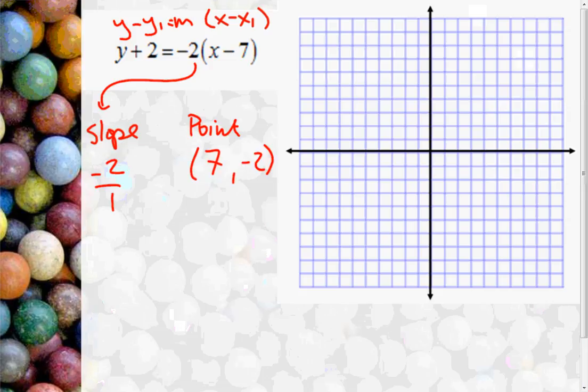So again, there's 5, x, y, (7, negative 2). Your slope's going to go down 2 to the right 1. It's going to be one where your y-intercept's off the graph. Ta-da!